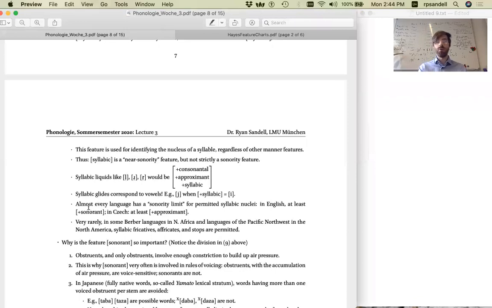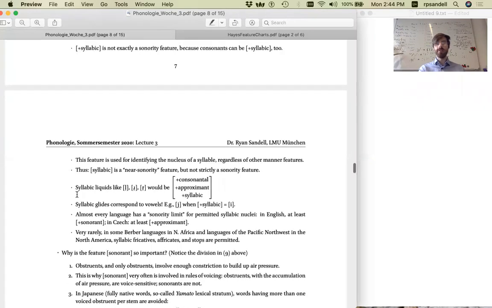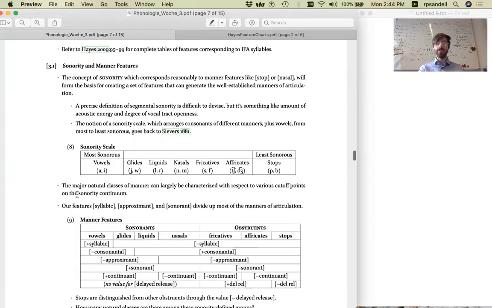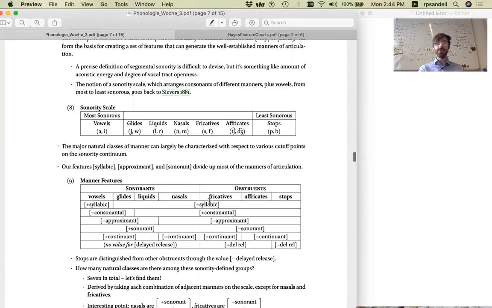One thing that's worth noting in passing here is that almost every language has a sort of limit in terms of degree of sonority permitted for syllable nuclei. English, for instance, allows any sound that has the feature plus sonorant to serve as a syllable nucleus. So in English, nasals and liquids, in addition to vowels or syllabified glides, can be syllable nuclei.